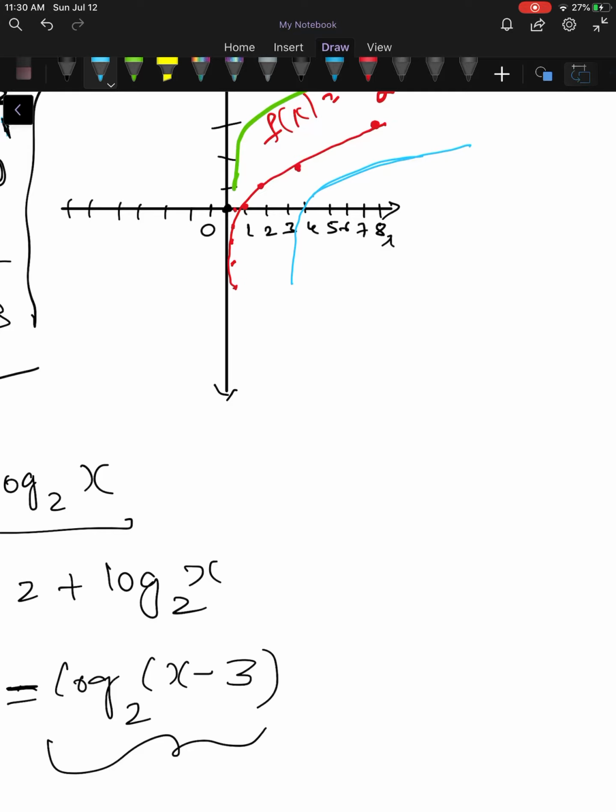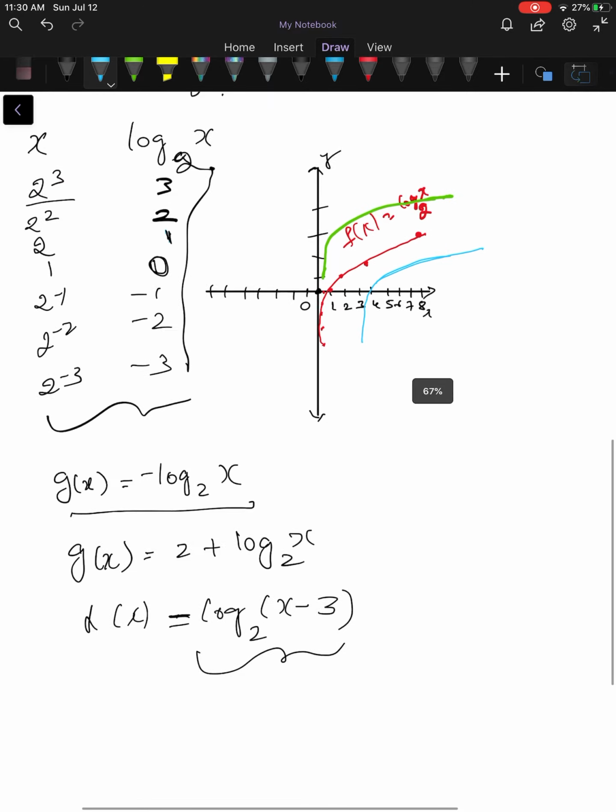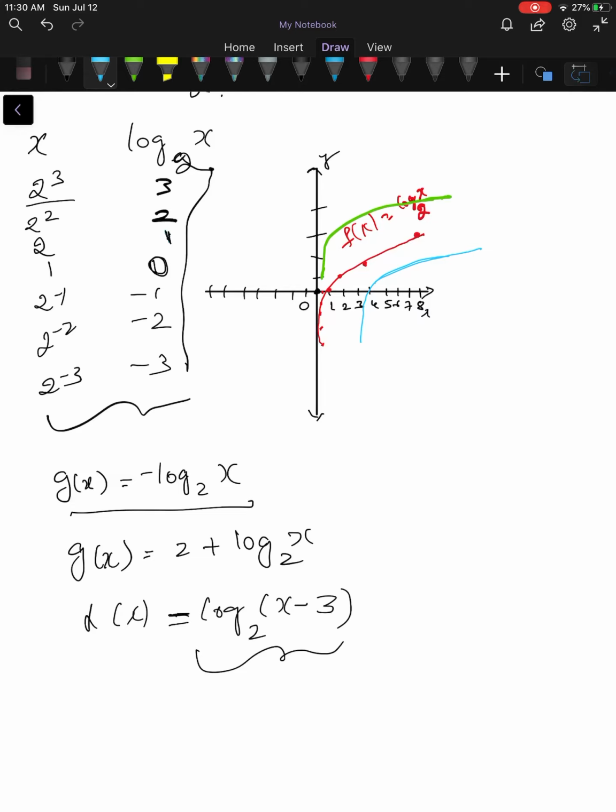So every possible method of graphing that you learned in all the previous sections can be applied for these functions as well. But for the original graph, the asymptote will always be the y-axis itself. But here for h, the graph that I have drawn in blue, the asymptote will be x is equal to 3.